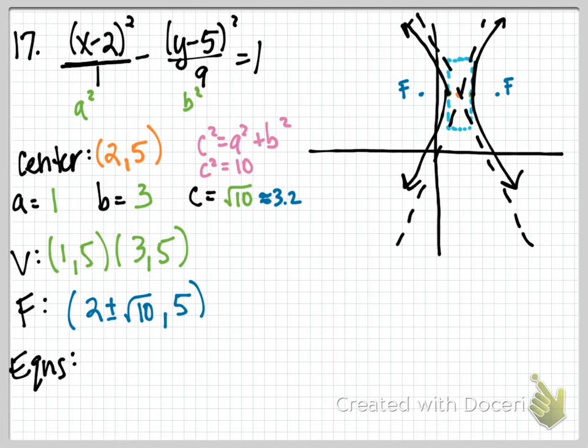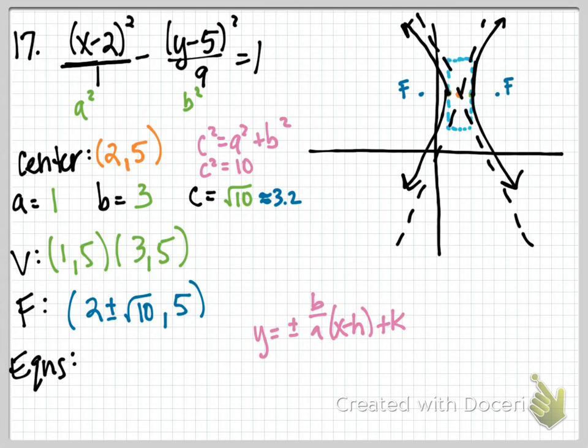Now, for the equation for my asymptotes, look at your formulas. For this, it is a horizontal hyperbola because the x comes first. So it's going to be y equals plus or minus b over a times x minus h, and then plus k. So just plug in what we have to that equation.